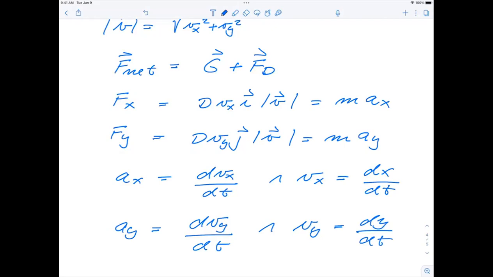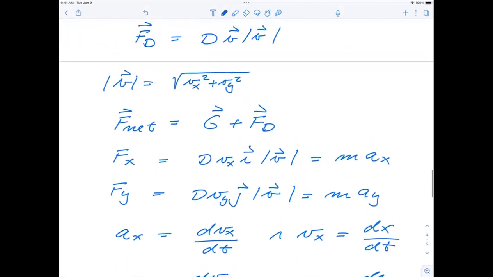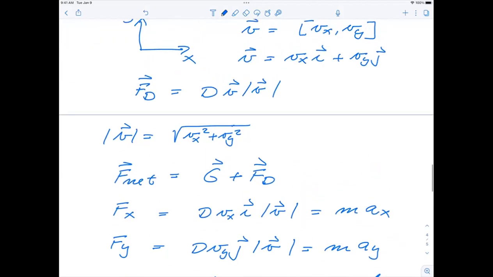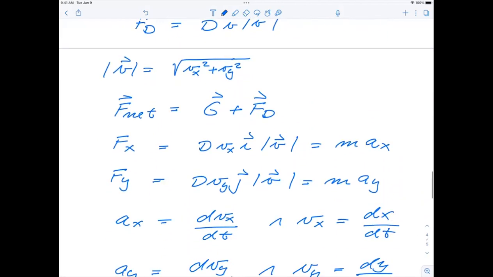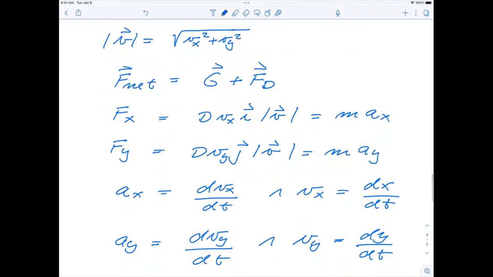Does this sound okay? This is actually the kind of complication we get when we move into 2 dimensions. And you see easily that if you were to do this in 3 dimensions, you would just get 2 more equations to solve. So if we now take these equations which we have, we know that in the x direction, if we take this specific force, this Fd, and I should actually put a d here, I forgot to do that.